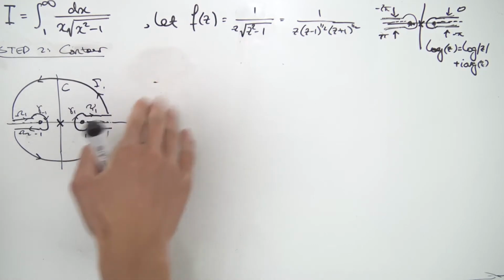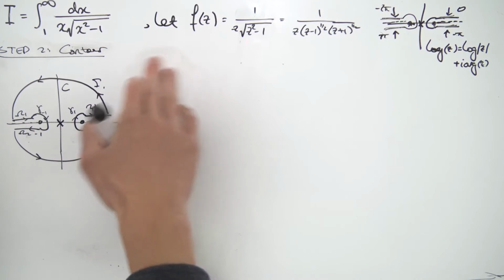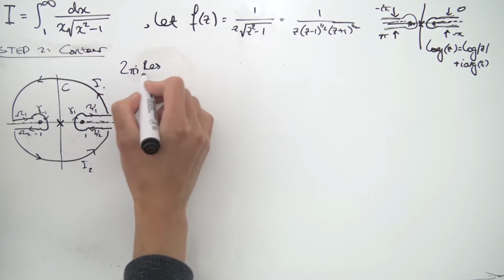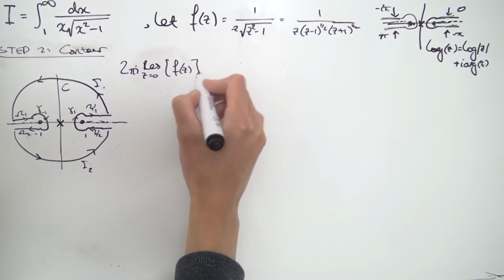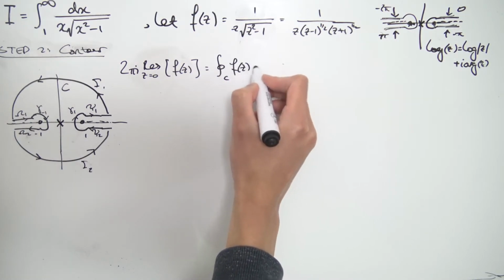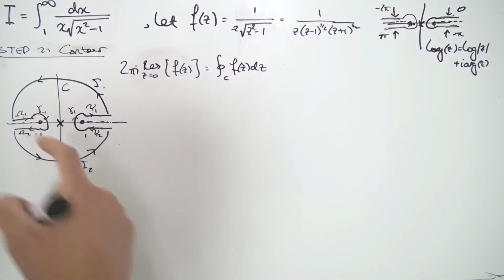First of all, that contour C encloses a pole at 0, which means we can use the residue theorem. So 2 pi i times the residue at z equals 0 of our function f of z is going to be equal to the contour integral over C of f of z dz. But notice we can decompose this path C into each of these little mini paths here.